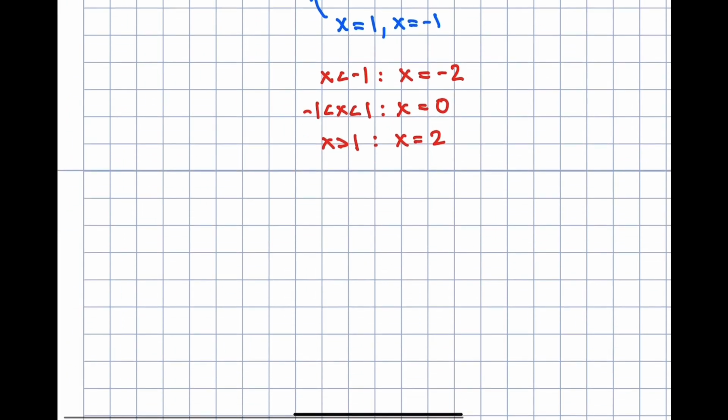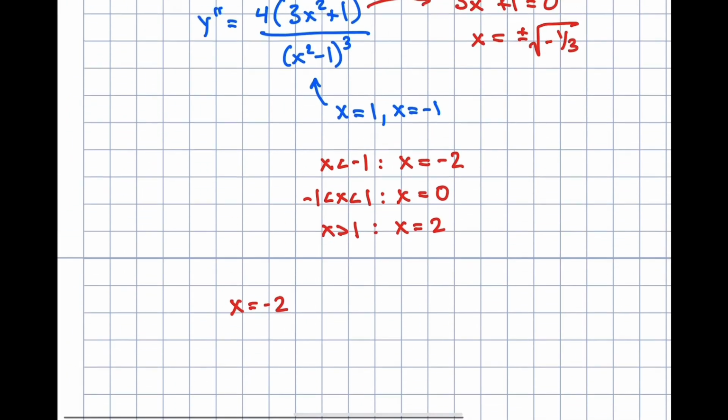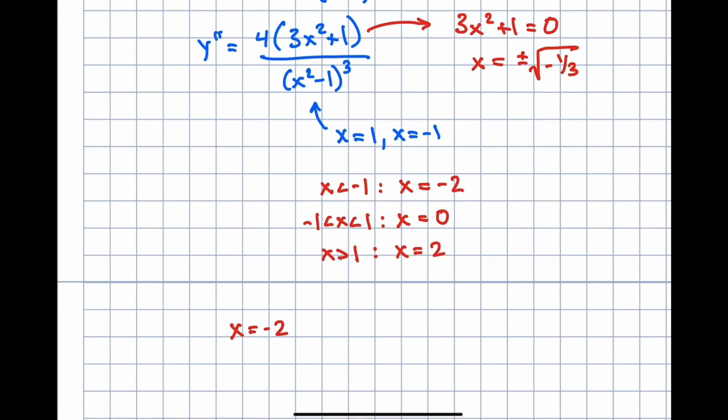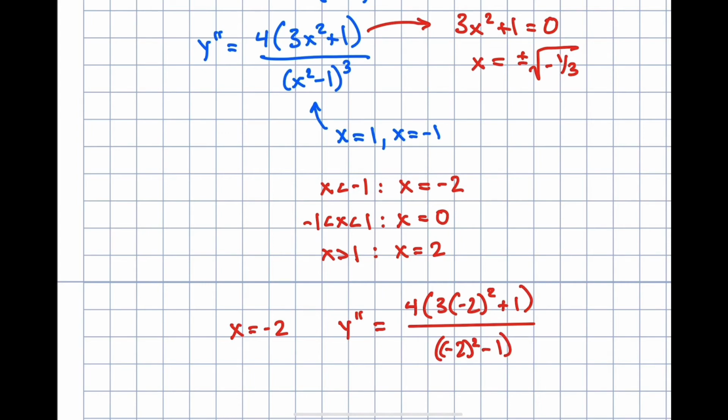Okay, so for x equals negative 2, if we plug that into our second derivative, we get 4 times 3 times negative 2 squared plus 1, divided by negative 2 squared minus 1, cubed.